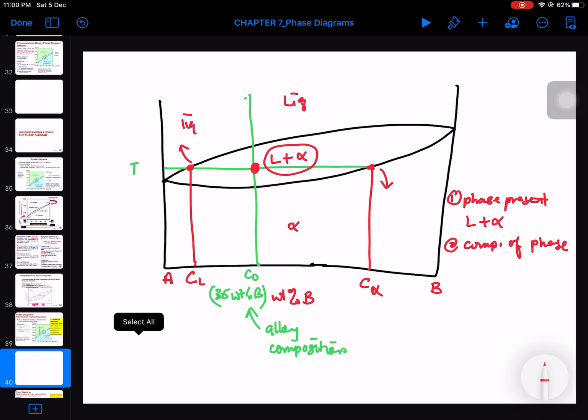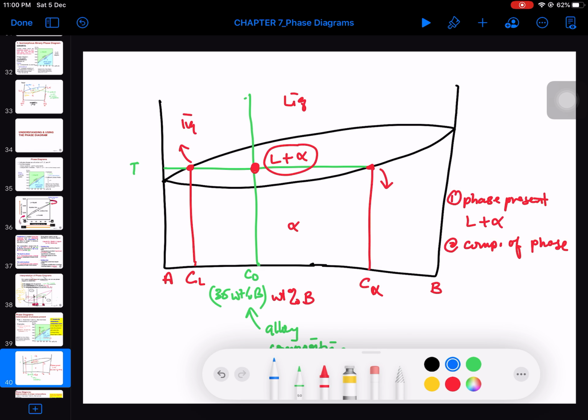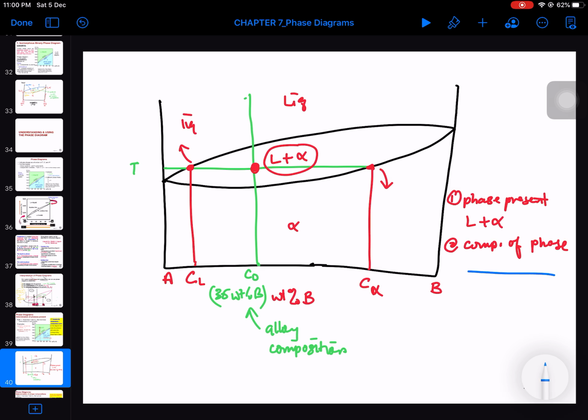It's better if you can actually bring down the whole lines here. So this is your C naught, this is your C liquid, and this is your C alpha.